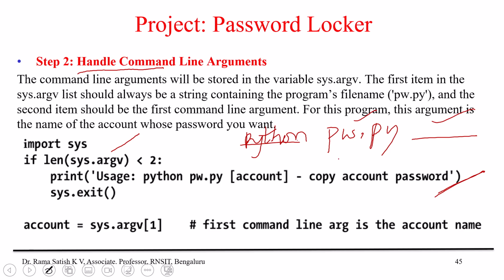This is argv[0], and this is argv[1], and whatever you give here goes into account. Account is a string variable.